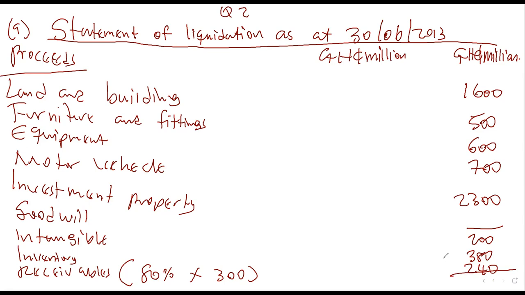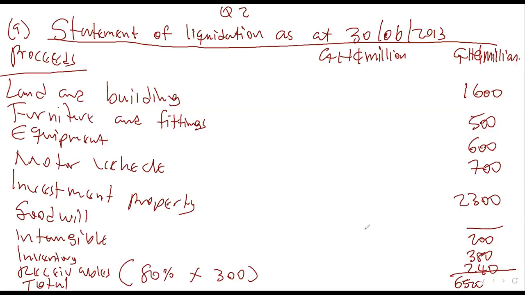So you get 6,520, right? Call it total proceeds. Total proceeds distributed as follows. That's the entire money we realized from the sale of all the assets. Now let's go and share the money.